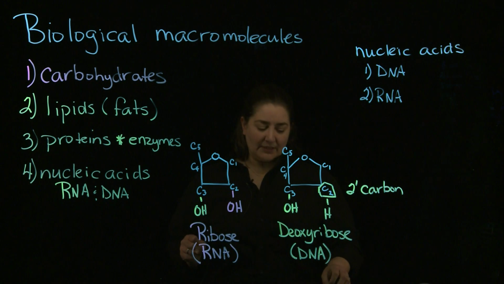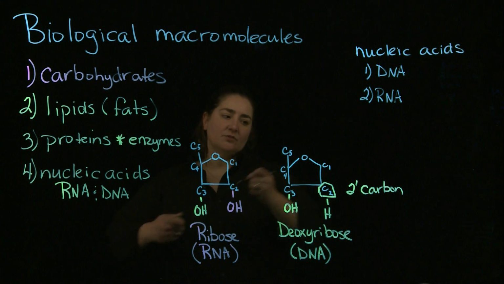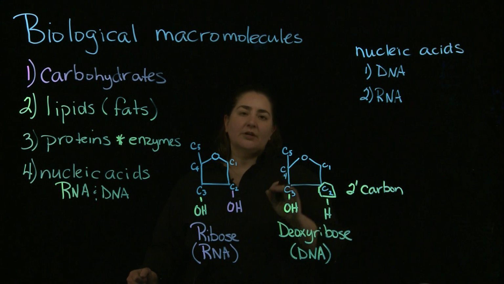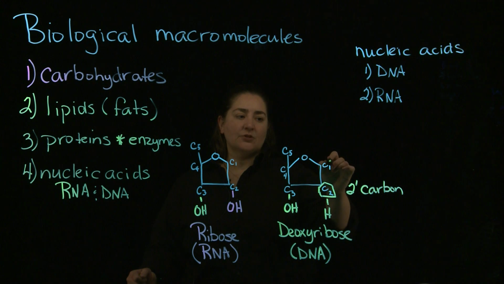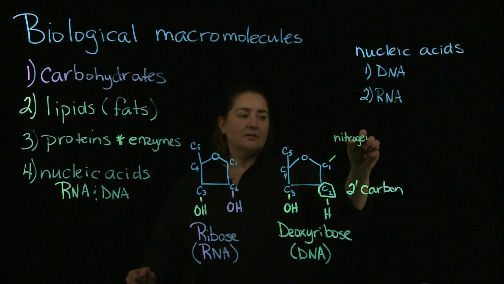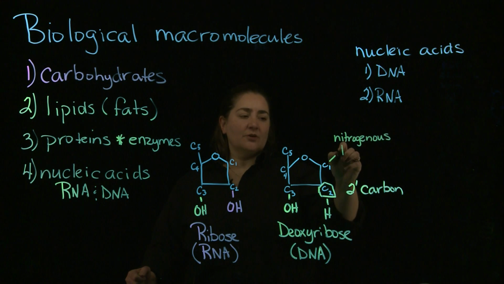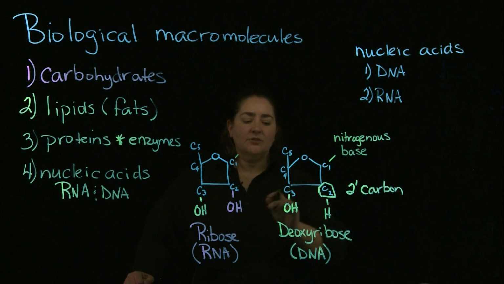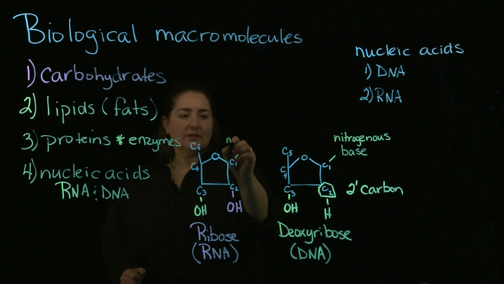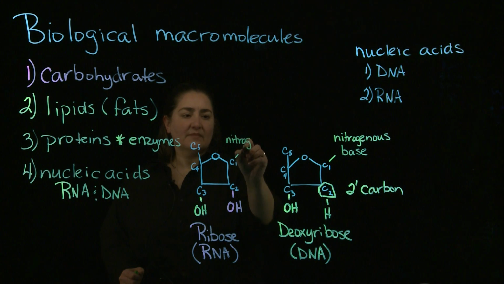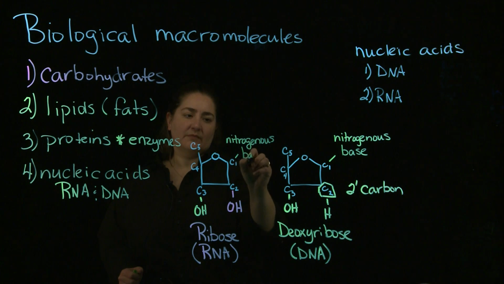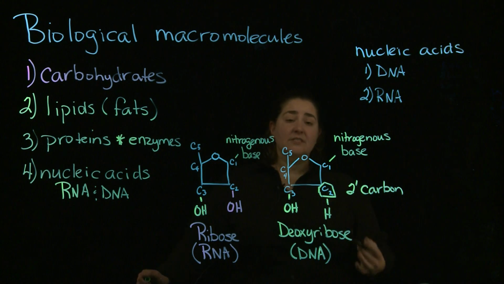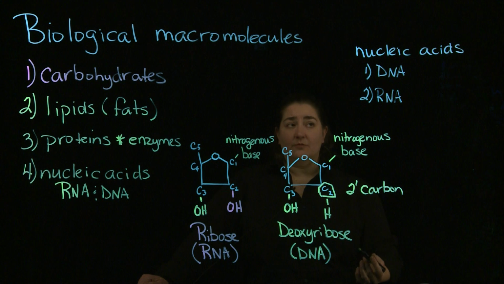The next way that we can tell differences between these two molecules is by looking at what's attached to that first carbon. Attached to that first carbon, we're going to have a nitrogenous base. There's a difference in the types of bases that are attached, though.